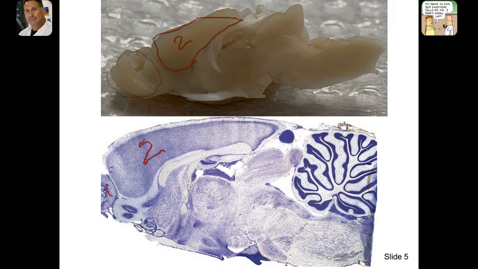Corpus callosum is the white matter. We can see the lateral ventricle.